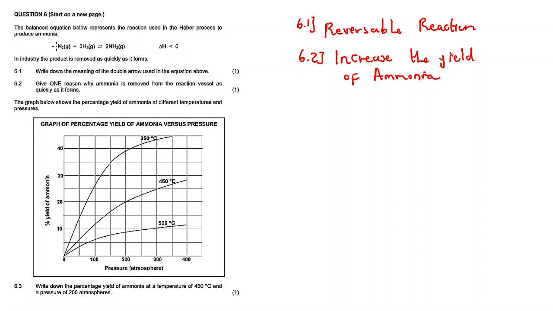Reversible reactions have applications, like we have a process where it produces ammonia. The minute the ammonia is forming, we need to remove it so that it produces more ammonia as quickly as possible. Just like I've mentioned earlier, in industry we are more focused on the production.